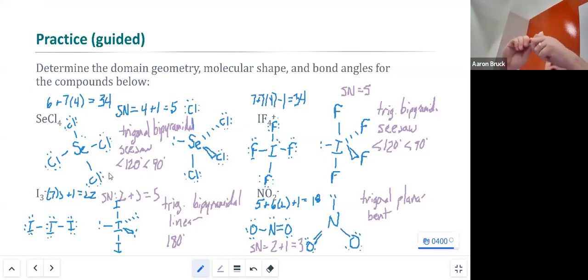If I remove one of these bonding groups and replace it with a lone pair, I can see that this is how I get that angular shape. So that's where the bend comes from. This is also going to push on these bond angles. So they are currently at 120. This is going to push on them a little bit more, bring them down below 120 degrees.